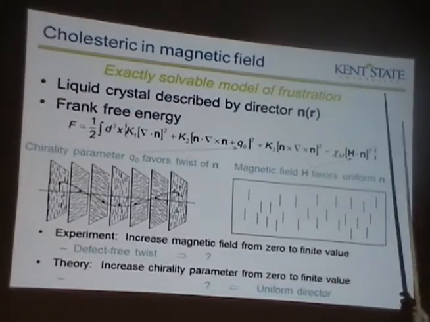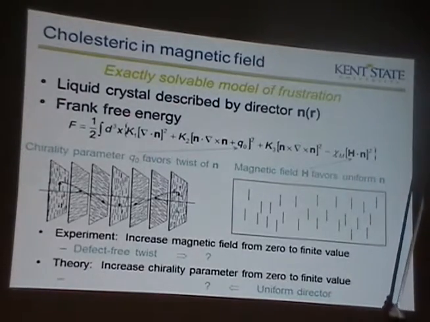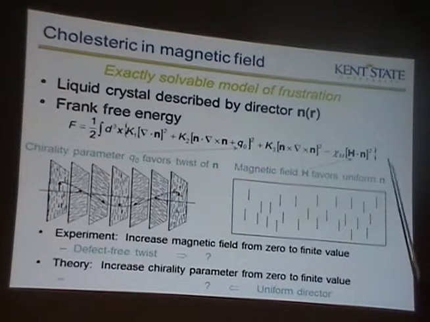And then there's a magnetic field, say pointing in the vertical direction, which tends to favor a uniform director field aligned with the magnetic field like this. So now there's this kind of competition between these two effects, leading to a frustration where there's no configuration that ideally satisfies both of these things.